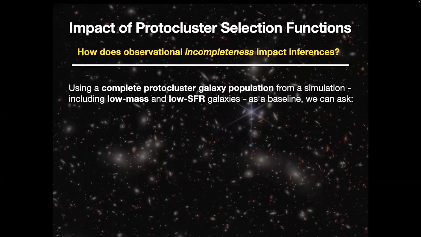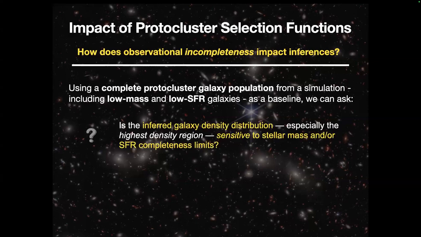And then we can ask, so in this first paper, we asked two questions. First is the inferred galaxy density distribution, and specifically the spatial location of the highest density region, is that sensitive to the stellar mass and/or star formation rate completeness limit of the observable sample?